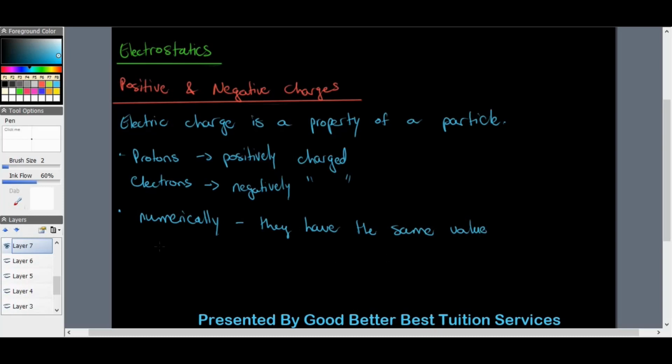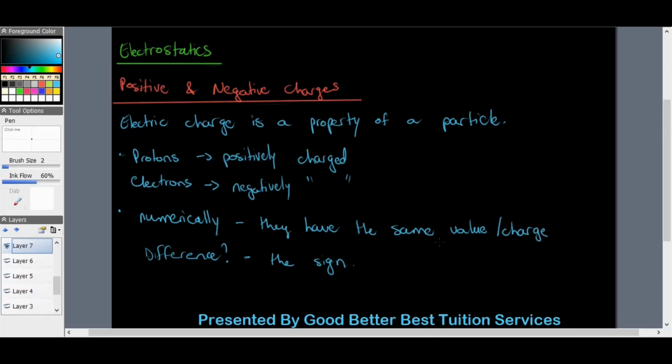What is the difference? The sign. The one is positive and the one is negative, but numerically they can have the same charge.